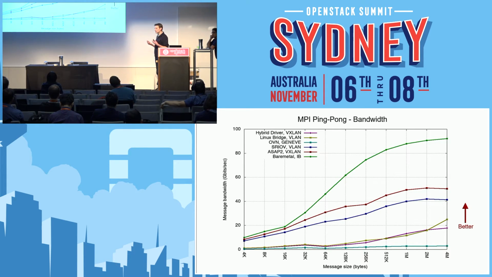So even though I wanted to use the entire system for one VM for my workload, Nova wasn't letting me. So I had to turn off the core pinning, and that is why these numbers are punching below their weight. So this is ASAP squared, which is doing very well.